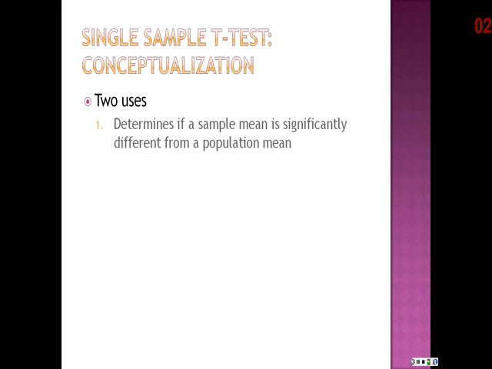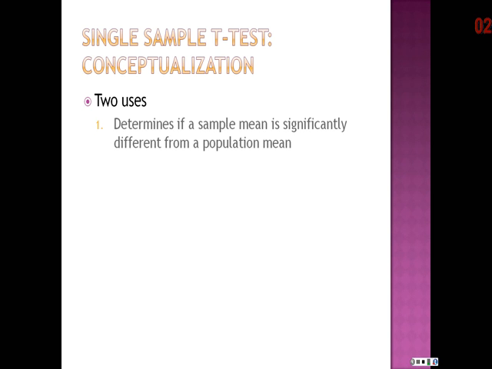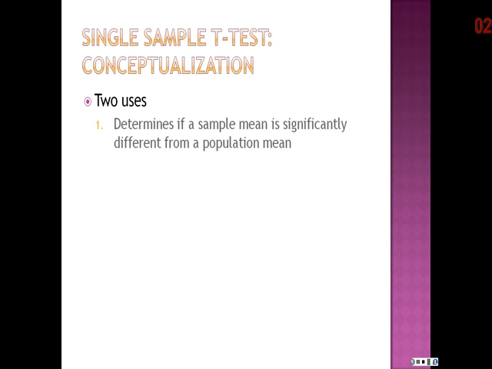So let's talk about the single sample t-test. There's two basic uses for the single sample t-test. The first, it determines if a sample mean is significantly different than a population mean, with the understanding that the standard deviation for the population is not available.